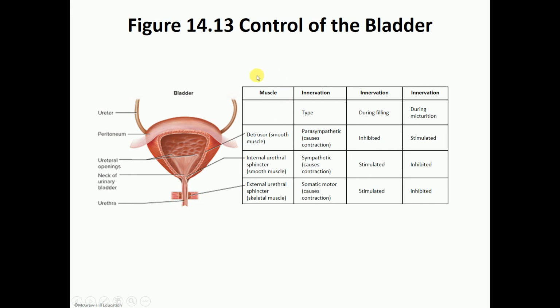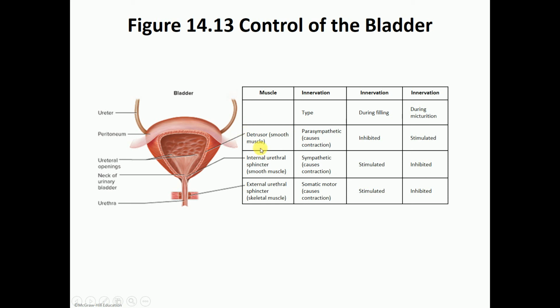So take a look at all of these different muscles. So again, the detrusor, that's smooth muscle, and the parasympathetic innervation of the detrusor muscle leads to its contraction.